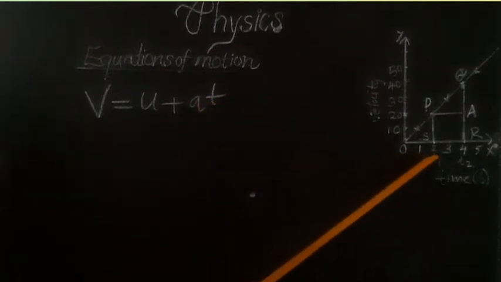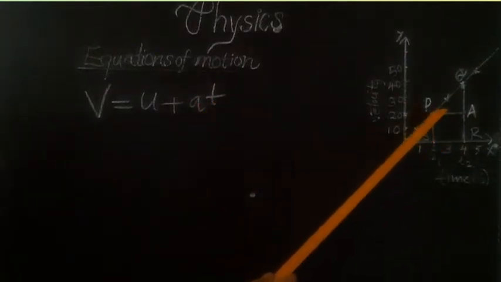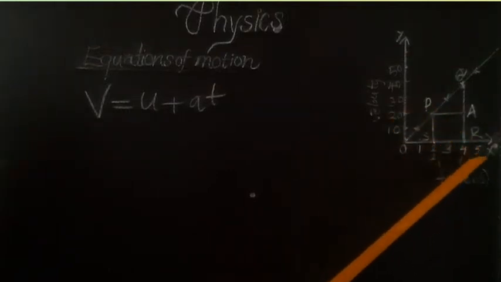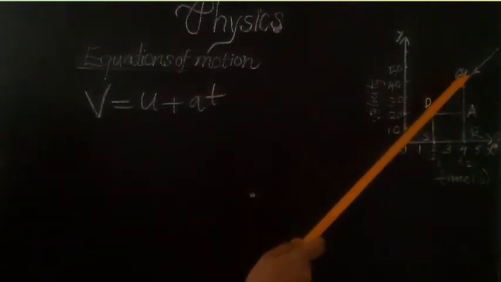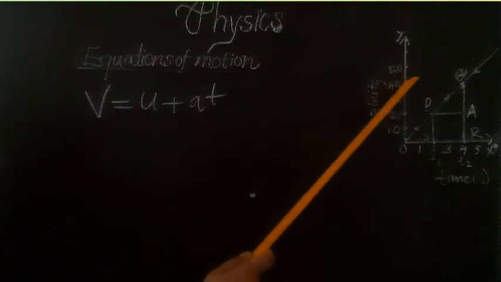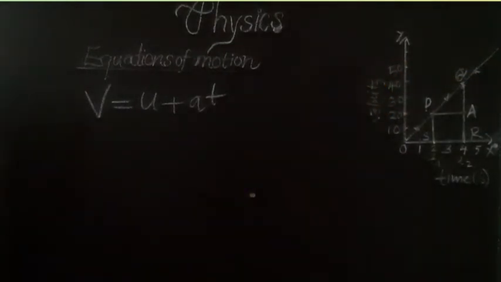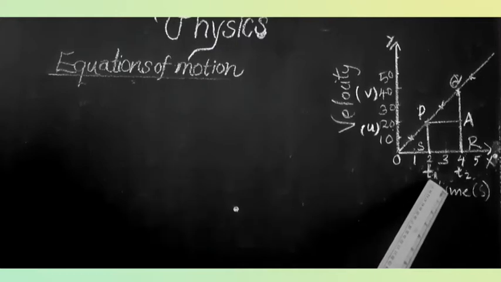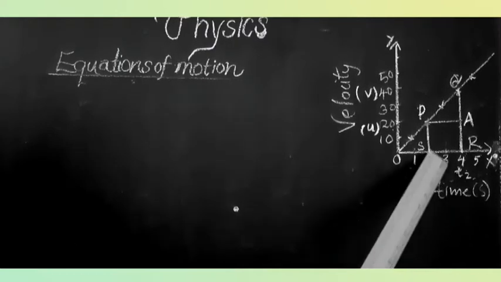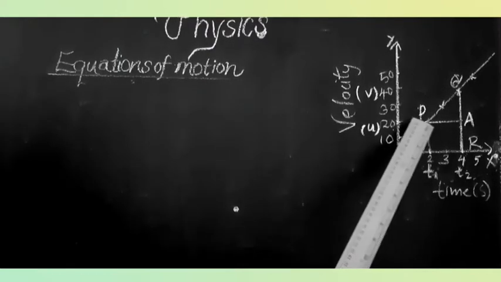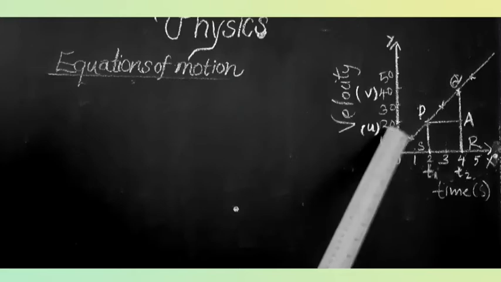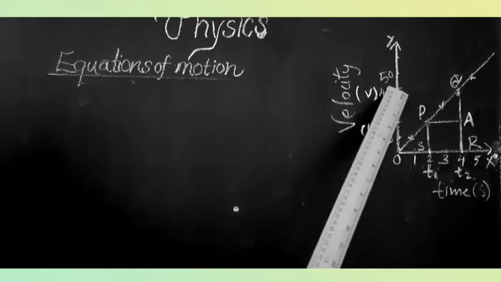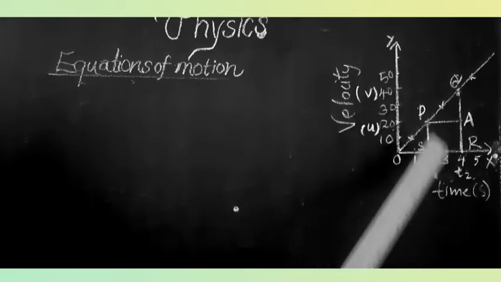Look at the graph. The point P corresponds to initial velocity. Point Q corresponds to final velocity. When time is t1, velocity will be taken as u, and when time reaches t2, velocity will be taken as v.